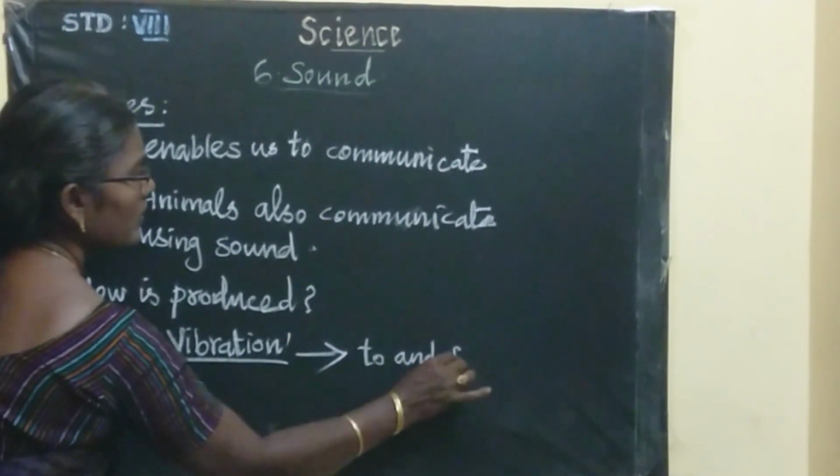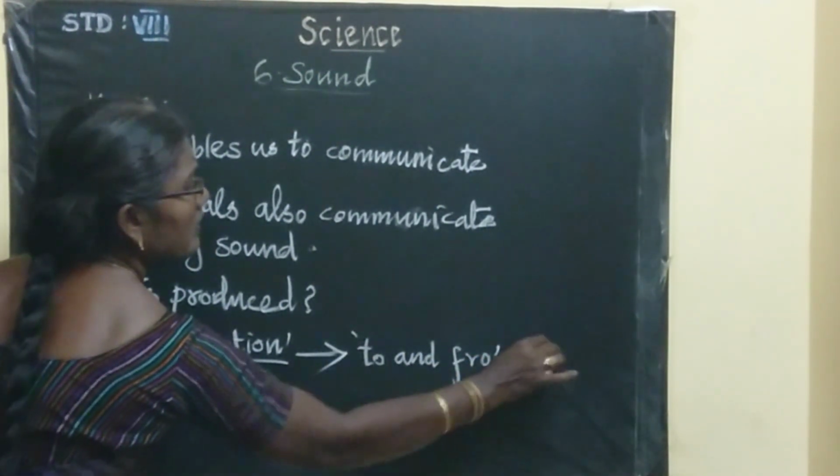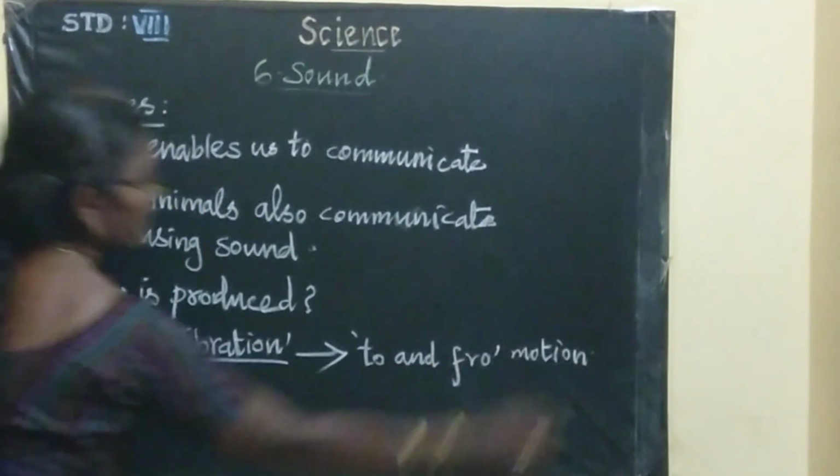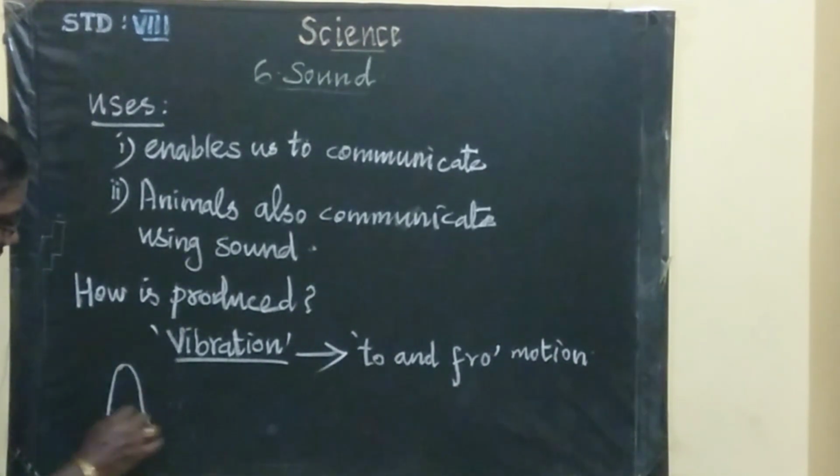of particles around the object. Suppose if we ring a bell, the particles around the bell start to vibrate. Start to vibrate means they are moving here and there. See, this is a bell.